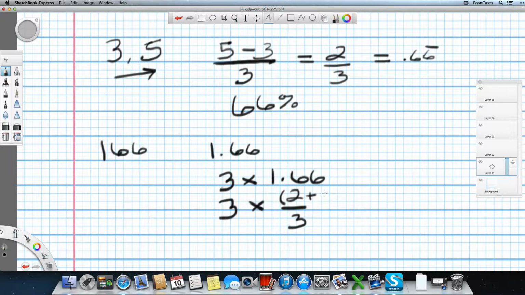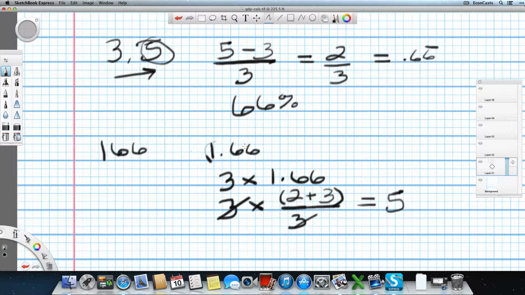So we're going to add 2/3 to 3/3. And all I've done here in this step is skip combining fractions with common denominators. So what we're going to get is 3 times 5 over 3. Now I know that our 3's cancel, so we're going to get 5 out of it. And so we've checked our work to show that indeed when we take 1.66 and multiply our base number by it, we end up with our second number, 5.